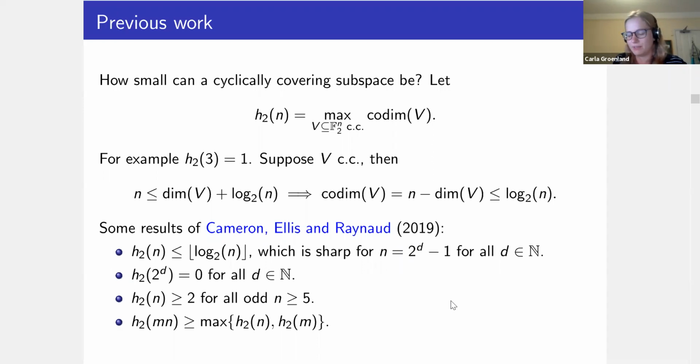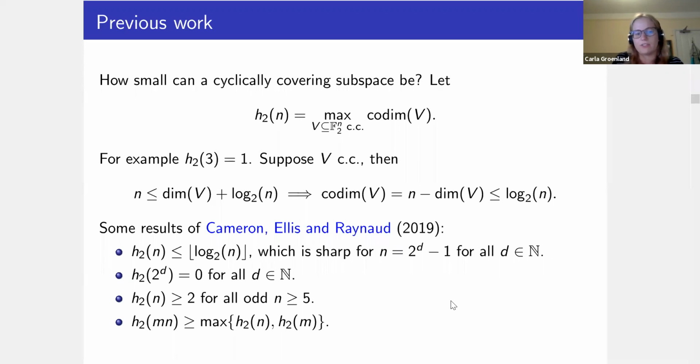They very much take a representation theory-like approach to the cyclically covering subspaces, and they semi-explicitly construct things for these cases. But I wouldn't be able to immediately say something super interesting about their example.